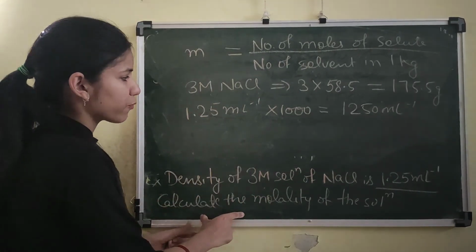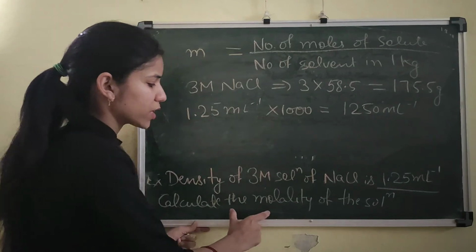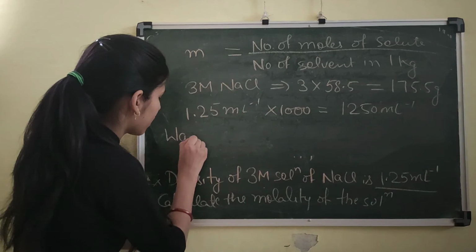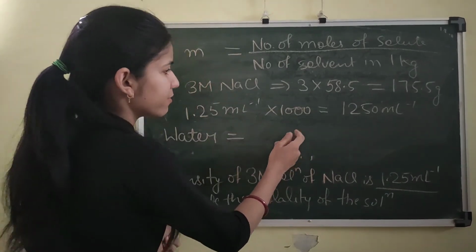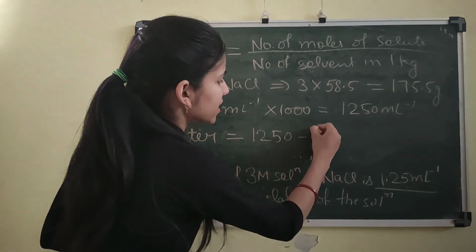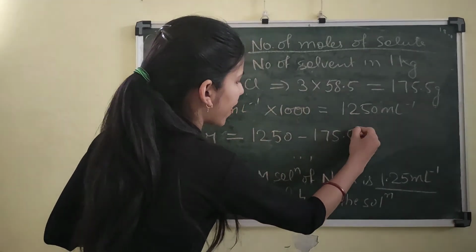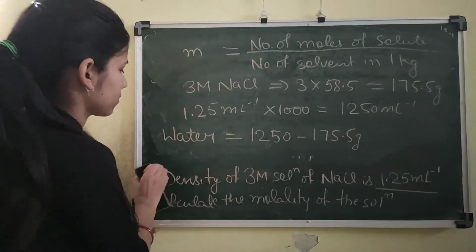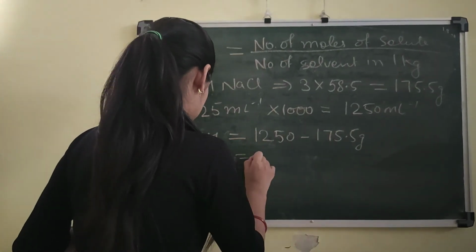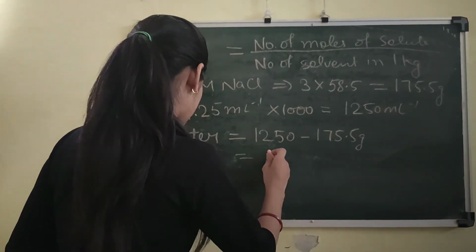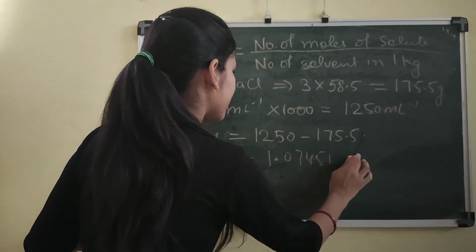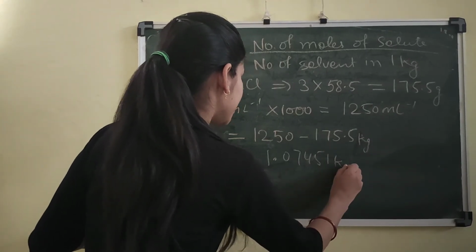Now in this, we have to find the solvent. So in this, the solvent is water. So it will be equal to 1250 minus 175.5 gram. So this will be equal to 1.0745 in kg.